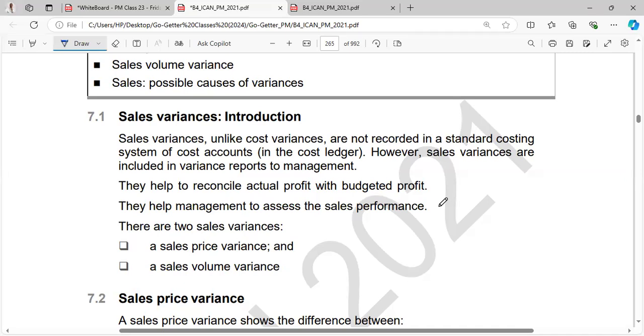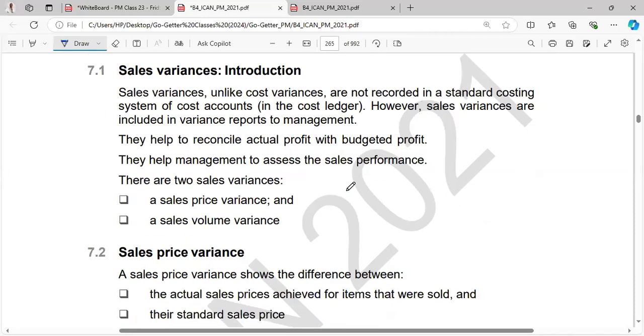So how do we record the sales variances and use them to reconcile the actual profit with the budgeted profit? There are two variances we need to calculate for sales: sales price variance and sales volume variance. These are the only two you need to know.